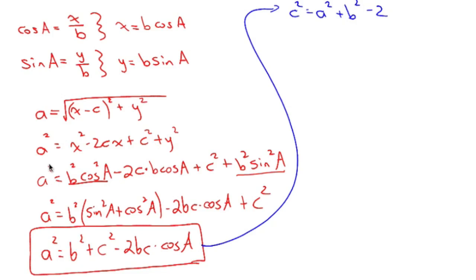B and C. A and B. Because if you look at this, this is B and C, B and C. So if I change it into a squared plus b squared, then this becomes 2ab. So you get 2 times ab cosine of what angle, what vertex? C. So if it's little c on one side of the formula, it's big C on the other side of the formula. This is the one I prefer to memorize.